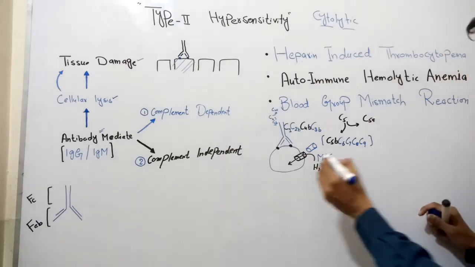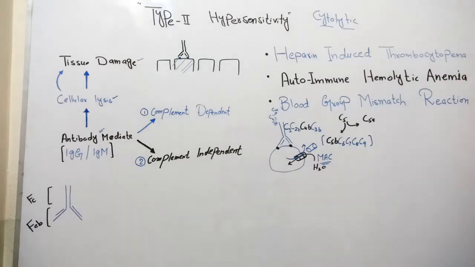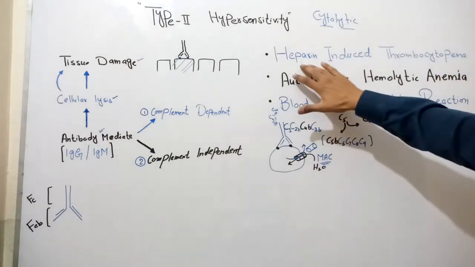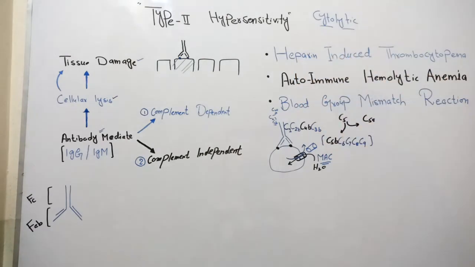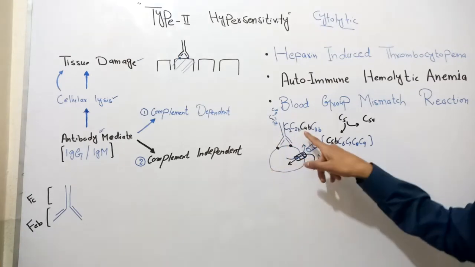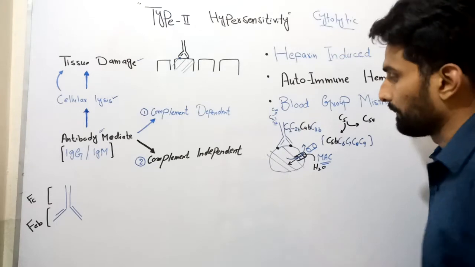Similarly, all the essential components will start leaking out of the cell, and ultimately the survival of the cell will not be possible. In this way, heparin induced thrombocytopenia happens because of type 2 hypersensitivity reaction, because IgG or IgM antibodies are involved, the complement system is involved, and cellular destruction is taking place.